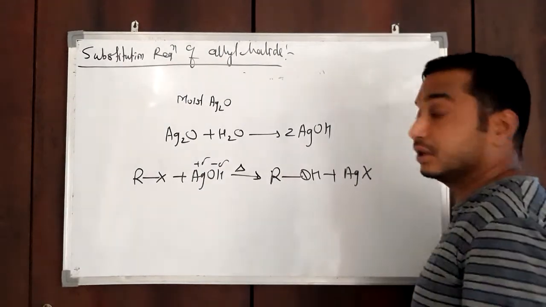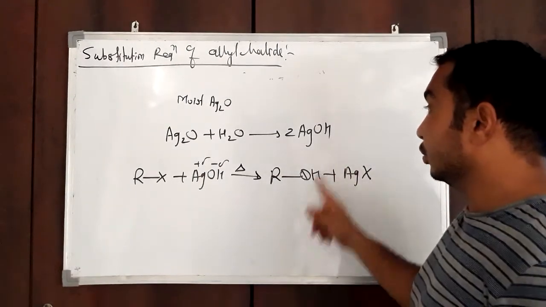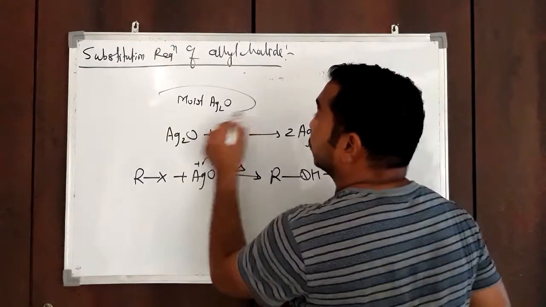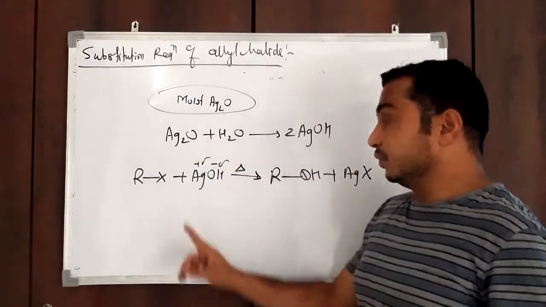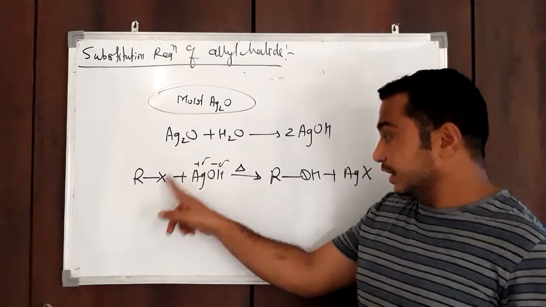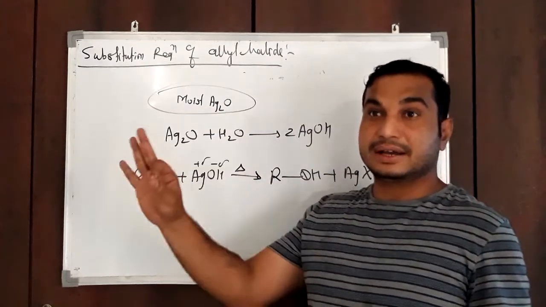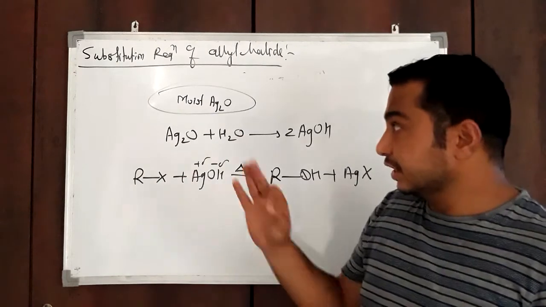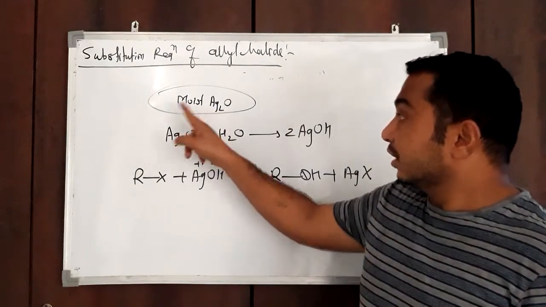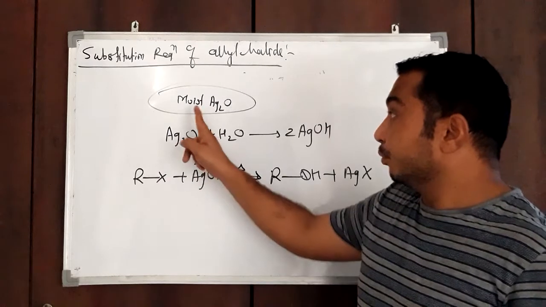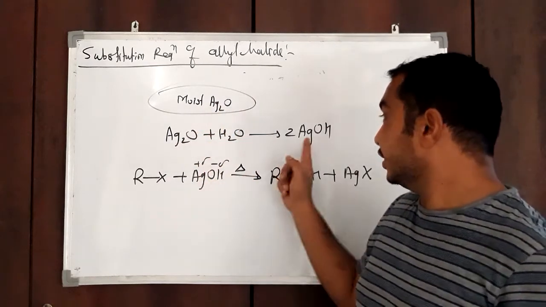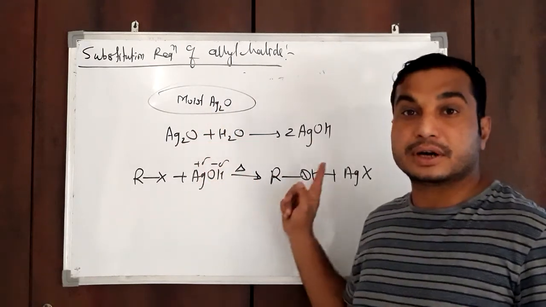This is one of the methods for the preparation of alcohol by using moist Ag2O. Whenever we want to replace a halogen atom by an OH group, these are the two procedures: either alkaline hydrolysis of alkyl halide by KOH, or the alkyl halide is treated with moist Ag2O, meaning AgOH, giving the same product, alcohol.